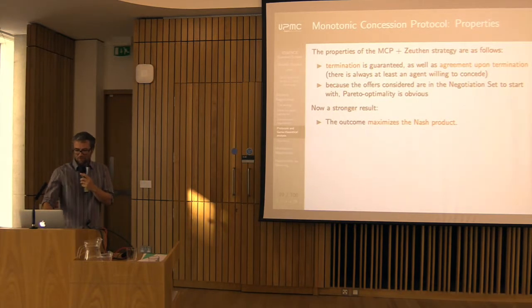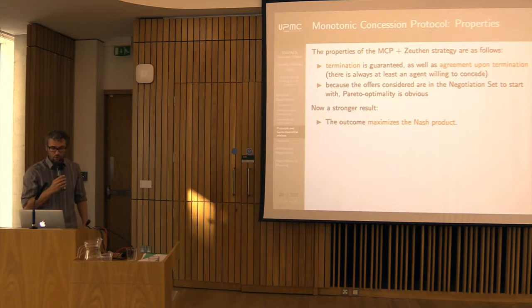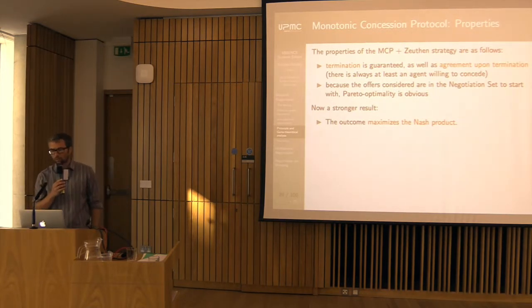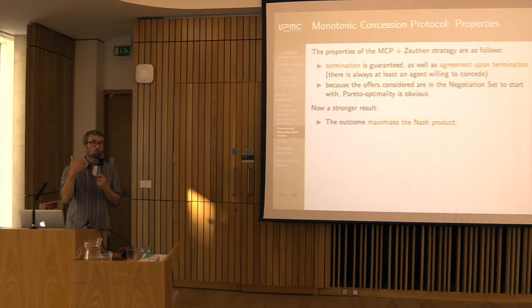So, properties of the monotonic concession protocol and Zeuten. The termination is guaranteed, and agreement is also guaranteed because there is always at least one agent which is willing to concede. We have no situation where both would not be willing to concede, by definition of this Z notion.